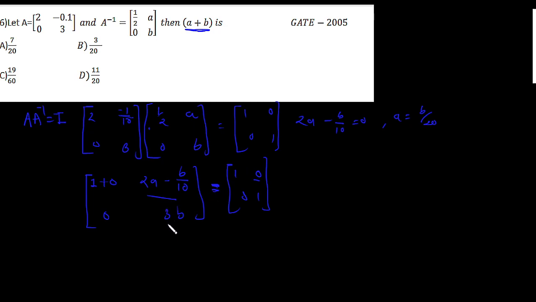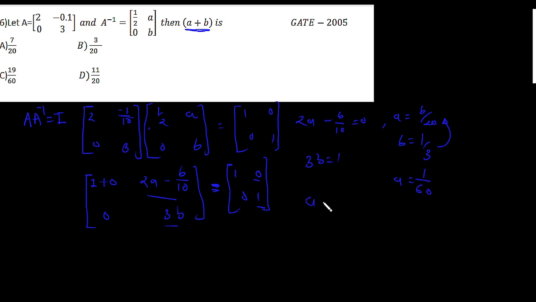From this element and this element, 3b is equal to 1, so b is 1 by 3. Let's put this b here, and the value of a is 1 by 60.